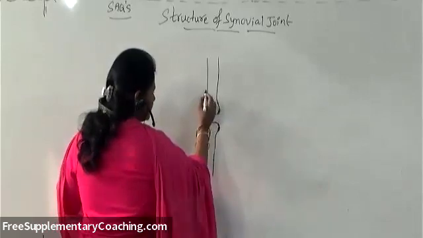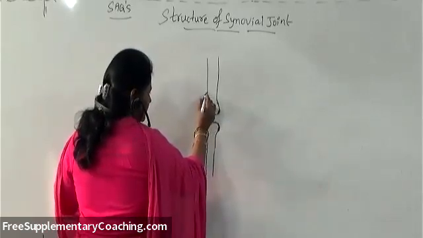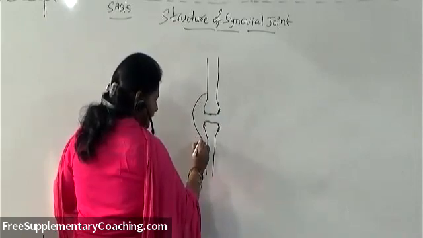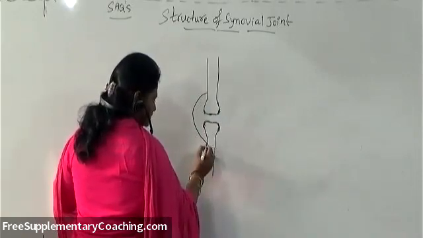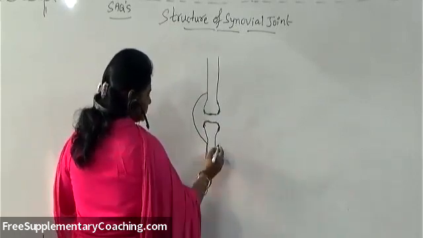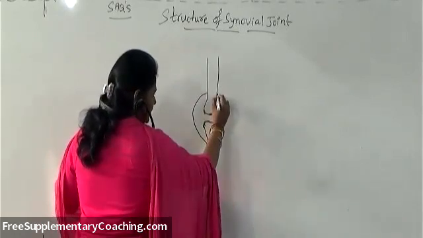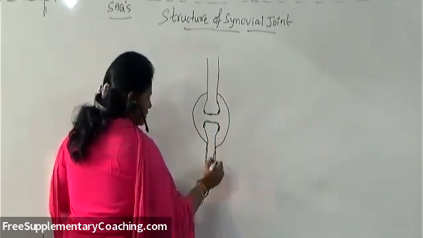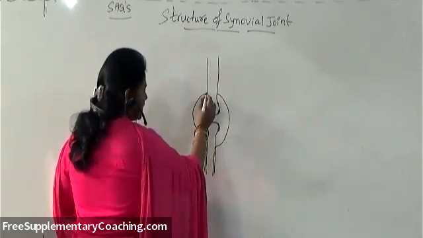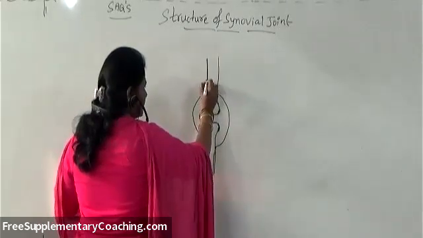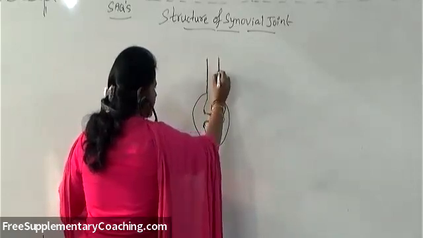And as I told you, you need to show the joint capsule. The joint capsule is made up of one outer layer of dense fibrous connective tissue and collagen fibers.